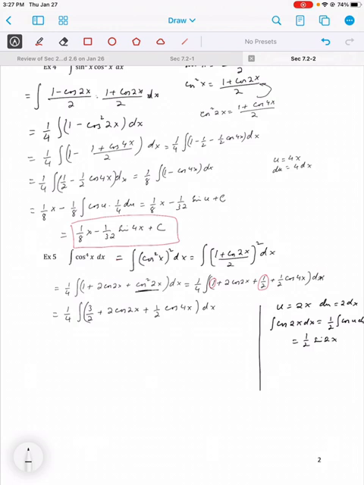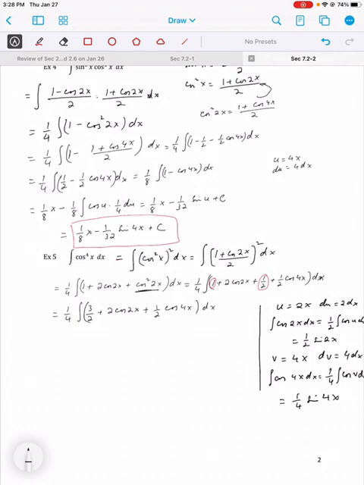In the same way, take v to be 4x, then dv is 4 dx, so that the integral of cosine of 4x dx becomes 1/4 integral of cosine v dv, which gives us 1 over 4 sine v or sine 4x.